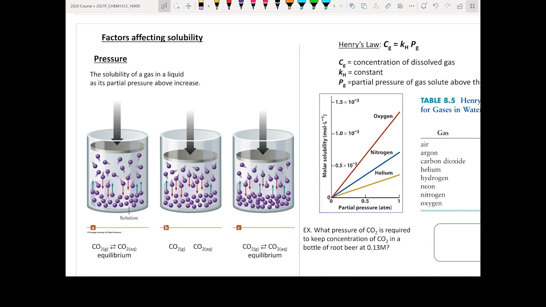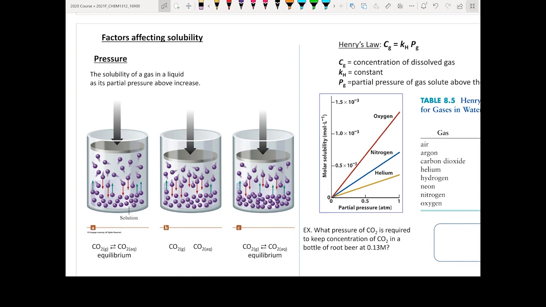Think about making soda: you pump CO2 into water. If I exert a higher pressure of CO2, more CO2 molecules go into my water. That's the general trend that you should remember.